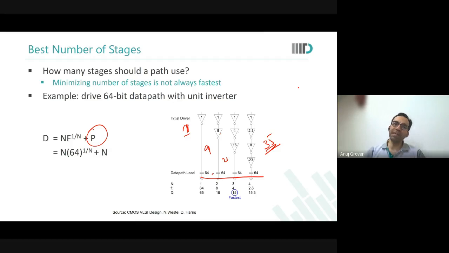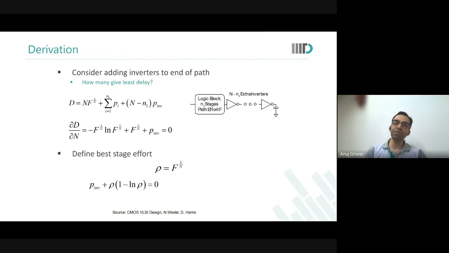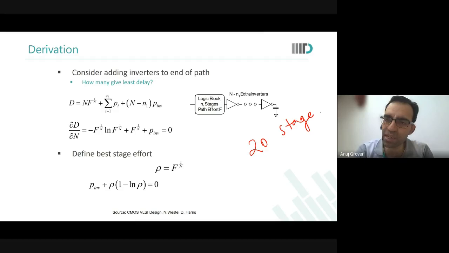Now, many times you will see that, we just saw how to size or how to define the number of stages. Where is an optimal stage? We just saw that as an example. It can happen that you find that for best delay you need 20 stages. Let us say somehow you found out using this optimization that for best delay you need 20 stages.